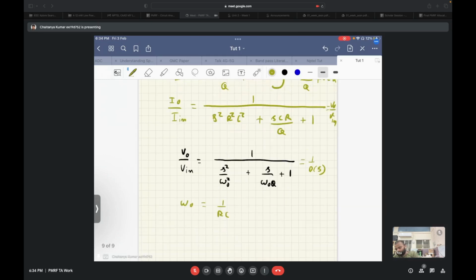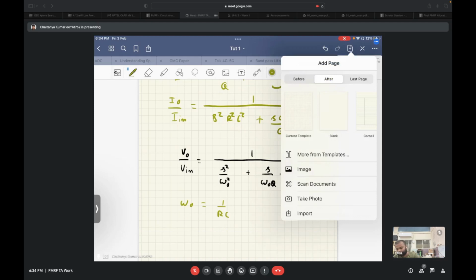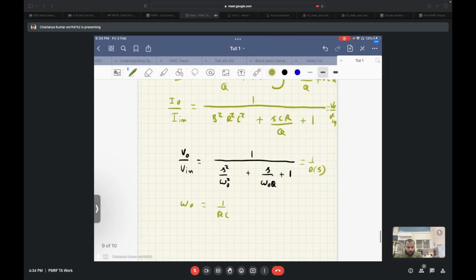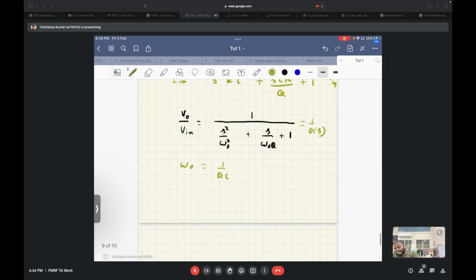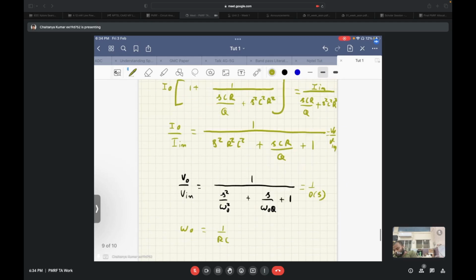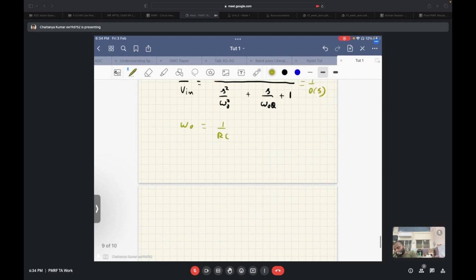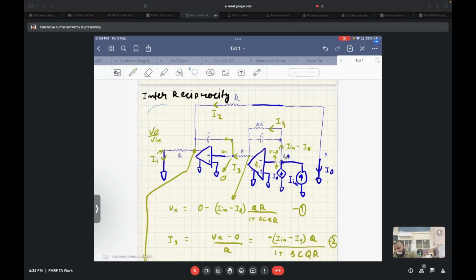Now what we have is, I0 by I in we have found as equal to 1 by D of S, and this is the same as I1 by I in, and this is the same as minus I2 by I in, where I'll copy this image on that page also.